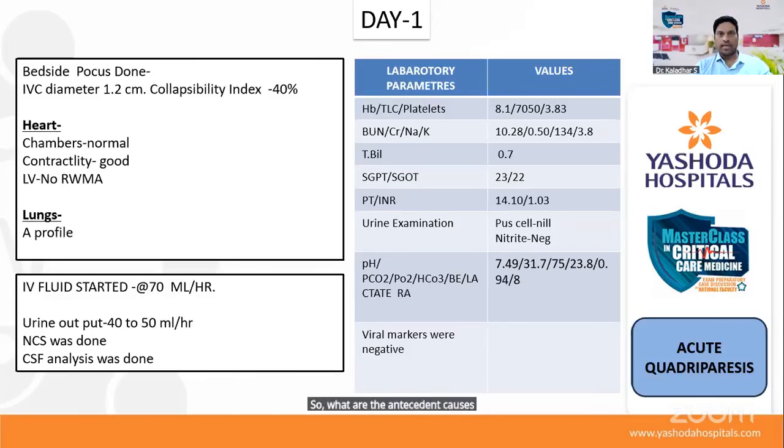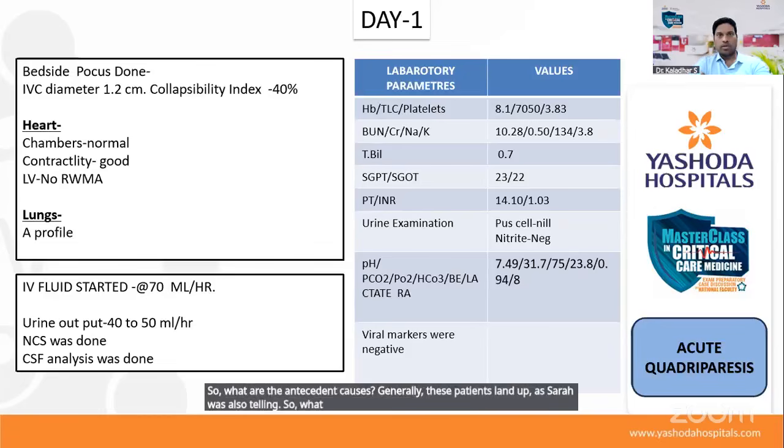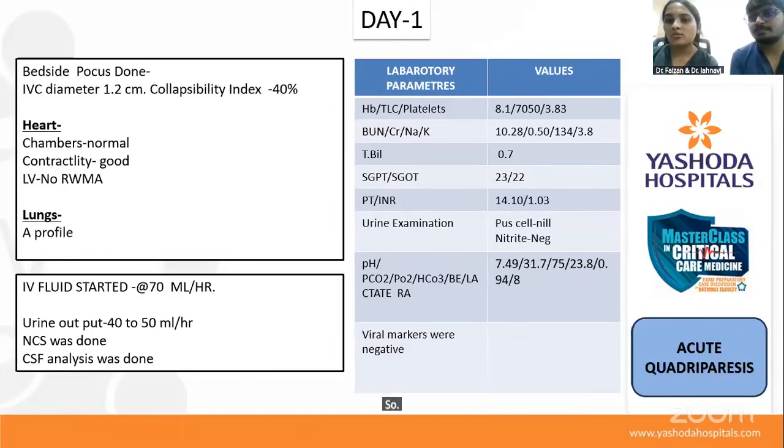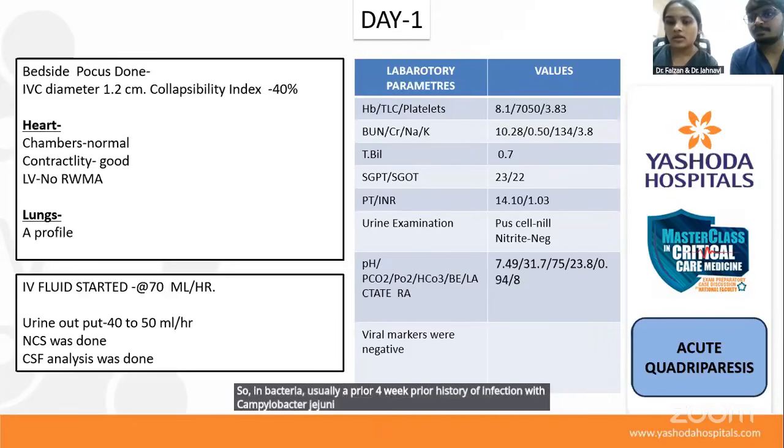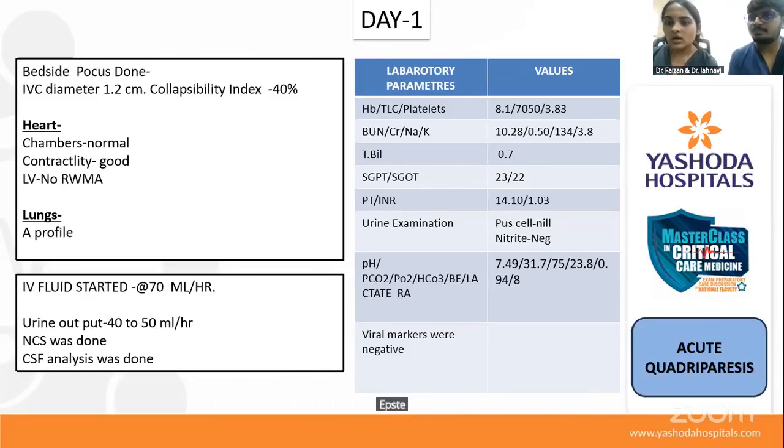So what are the antecedent causes? What do you think are the different prodromal illnesses after which the patients will land up in GBS? In bacteria, usually a prior 4-week history of infection with Campylobacter jejuni or Mycoplasma pneumoniae, or viral infections such as hepatitis A, hepatitis B, E, cytomegalovirus, Epstein-Barr virus, HIV.